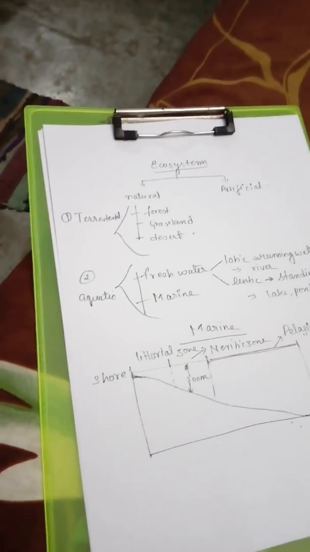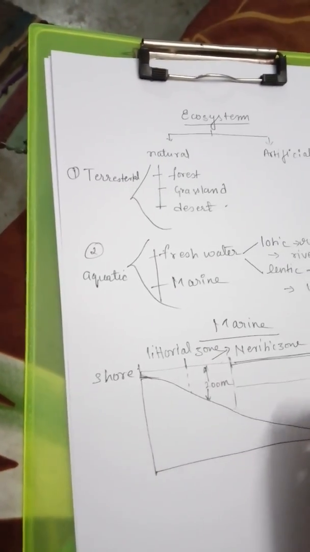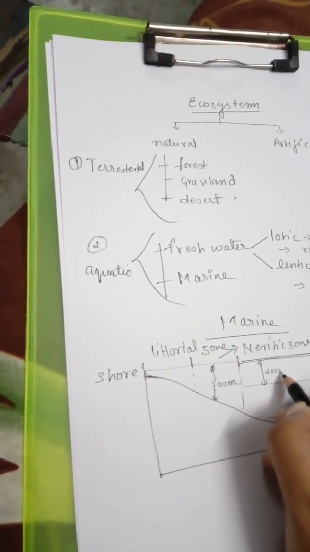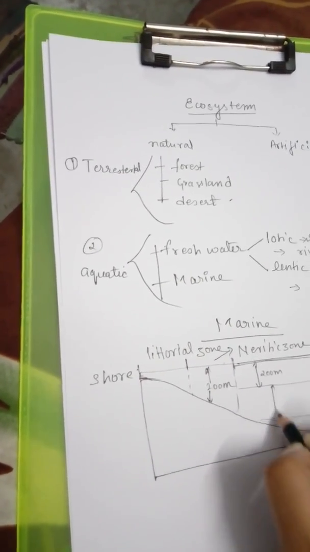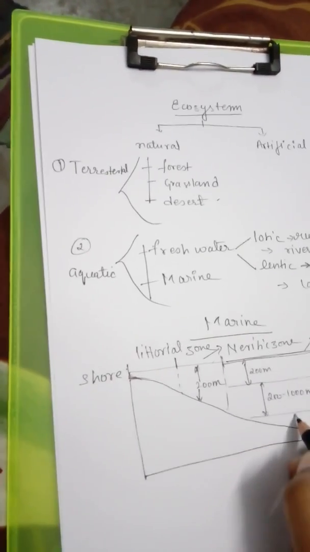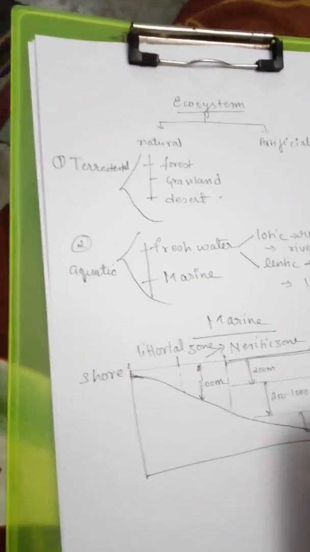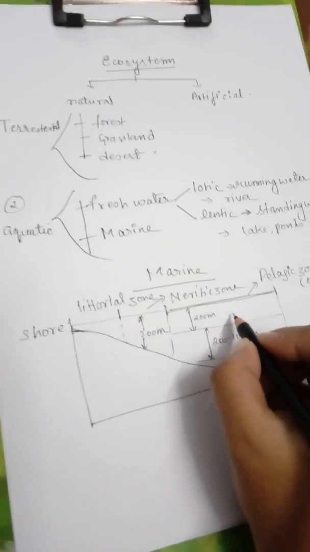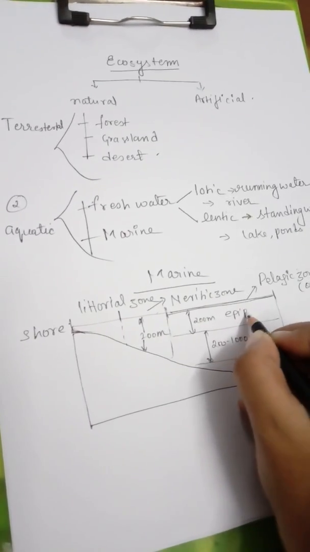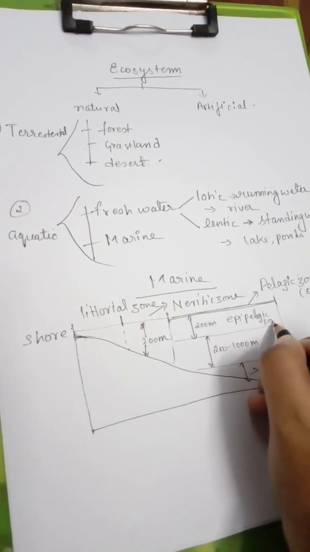Then the pelagic area is further divided into three zonations. This is 200 meters, this is 200 to 1000 meters, and this is more than 1000 meters. This area is called the epipelagic zone.